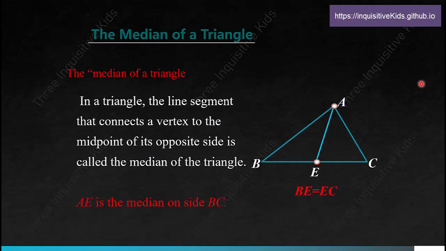The median of a triangle is the line segment that connects a vertex, and we could take, say, vertex A here, point A, to the midpoint of its opposite side.